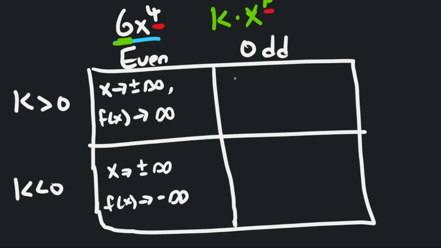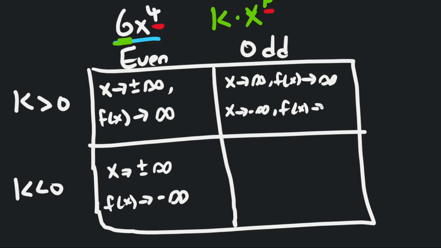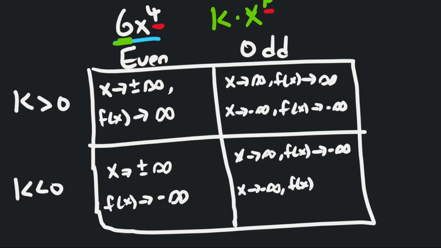And then for odd functions, we know that as x approaches infinity, f of x approaches infinity, and as x approaches negative infinity, f of x approaches negative infinity. And then if k is negative, then it's flipped. So as x approaches infinity, f of x approaches negative infinity, and as x approaches negative infinity, f of x approaches positive infinity. So that's our matrix for determining the end behavior.